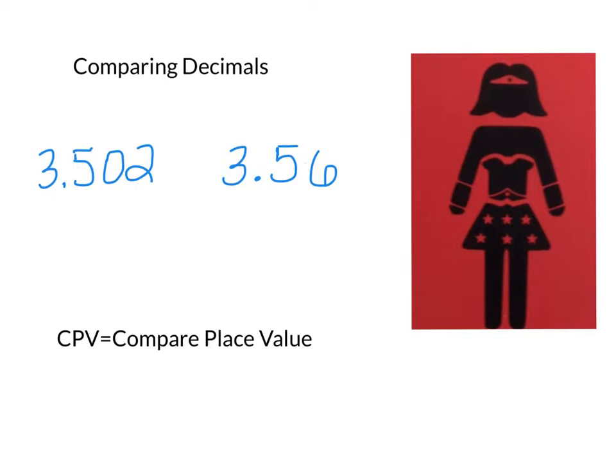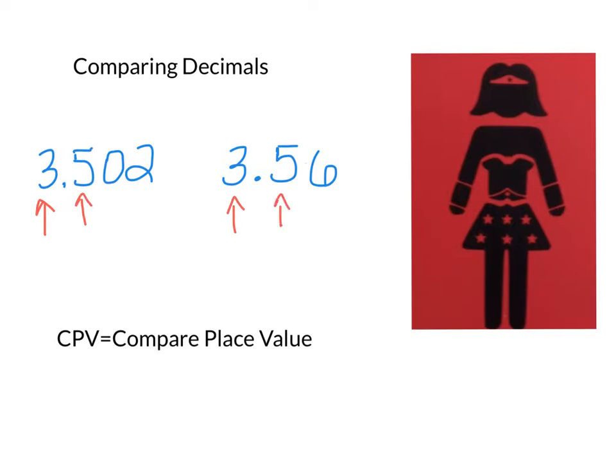So let's take a look at the first number. The first number in the ones place is a 3, and notice that it's exactly the same in the ones place of the second number. The second number is 5, same.